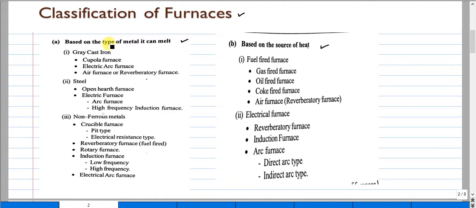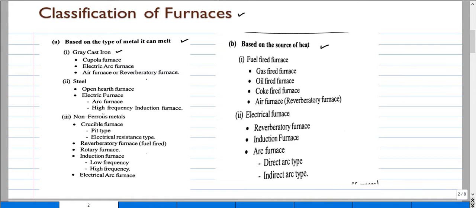If I consider gray cast iron, this gray cast iron can be melted in cupola furnace, electric arc furnace and air or reverberatory furnace. For this, the source of heat will be different.